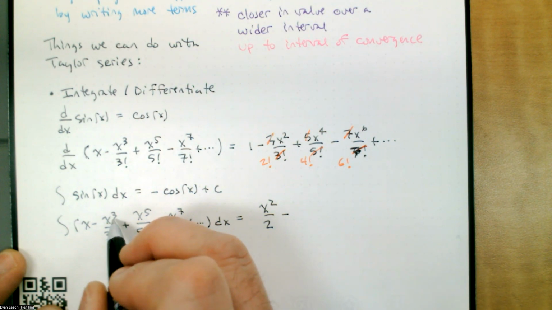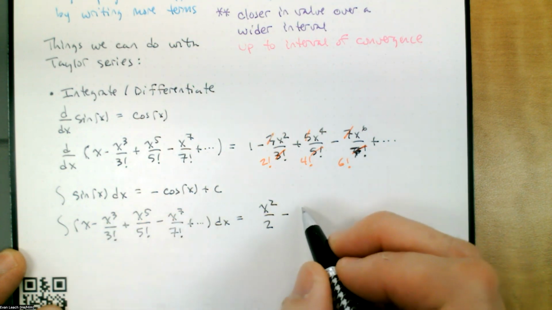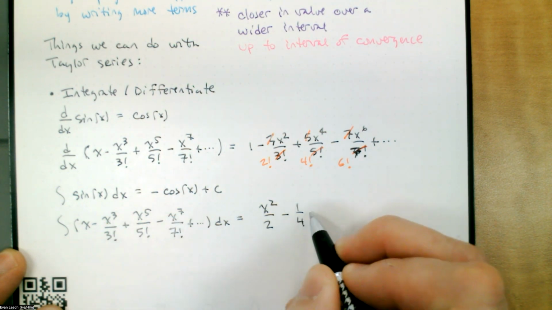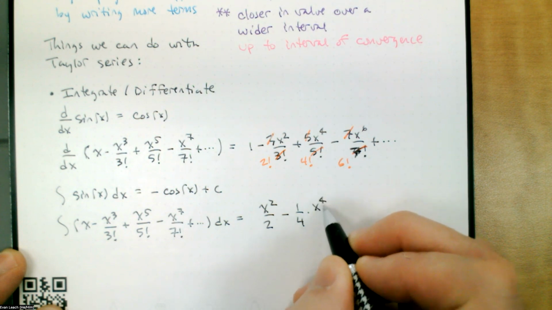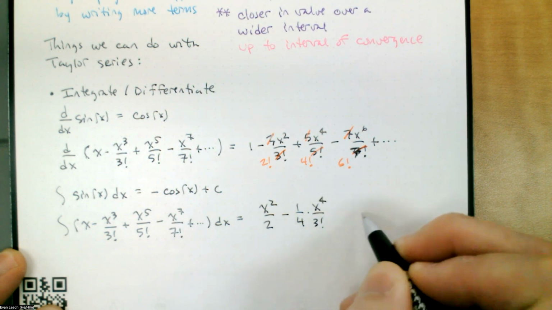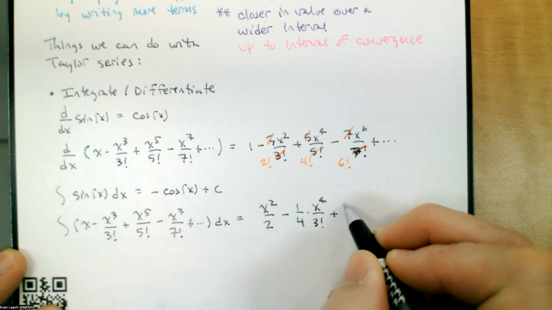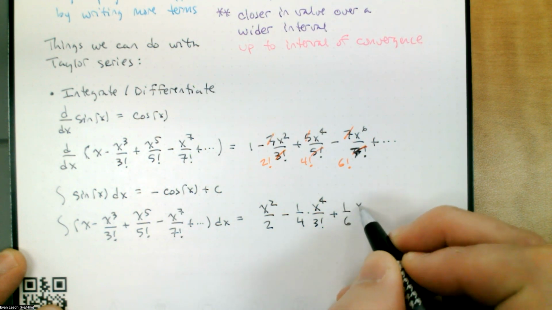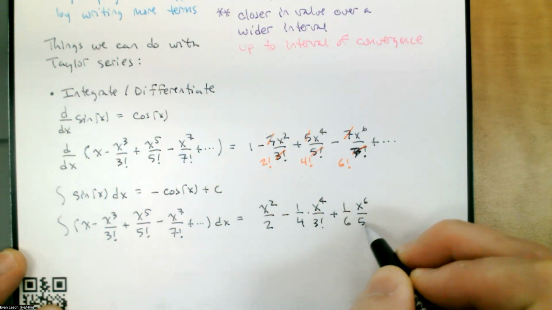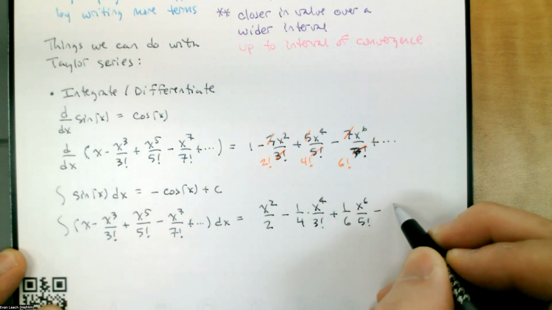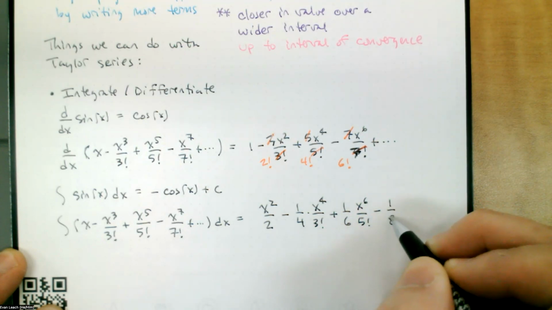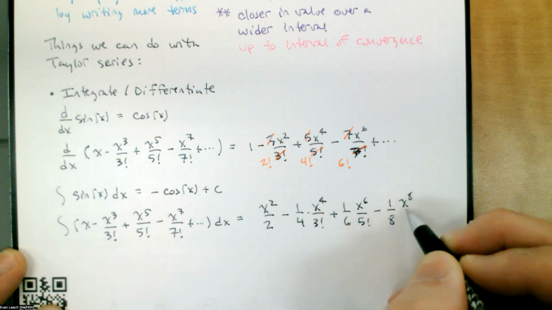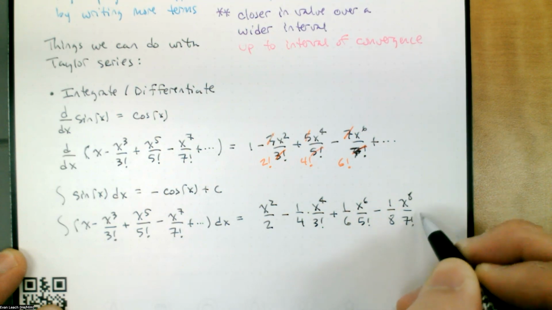The integral of x cubed is 1/4 x to the 4th. So I have a 1/4 x to the 4th over 3 factorial. And then a 1/6 x to the 6th over 5 factorial. And a 1/8 x to the 8th over 7 factorial.